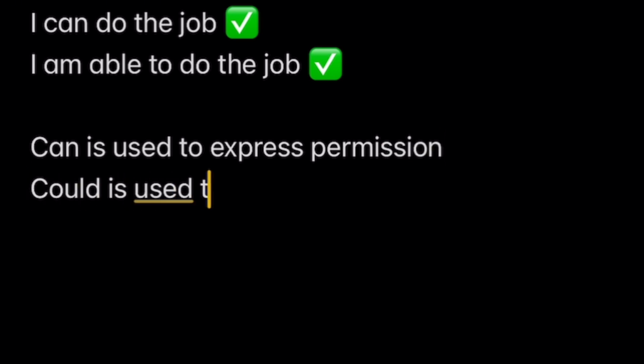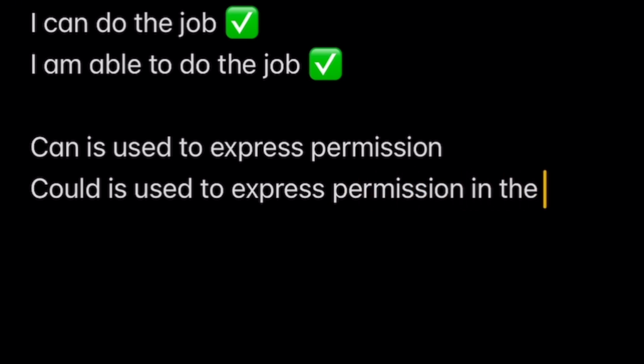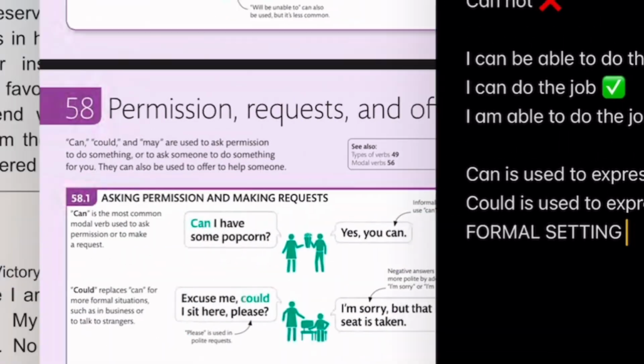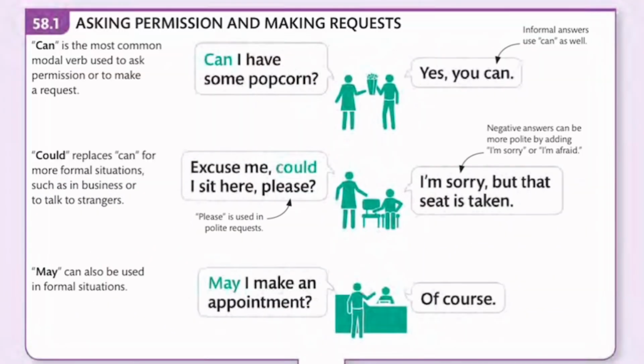Could is used to express permission in the formal setting. Take note of that. For instance, excuse me, could I sit here? Or maybe you are talking to strangers or somebody you do not know.